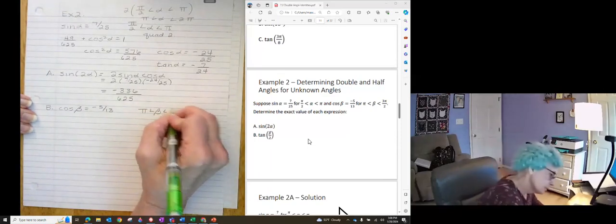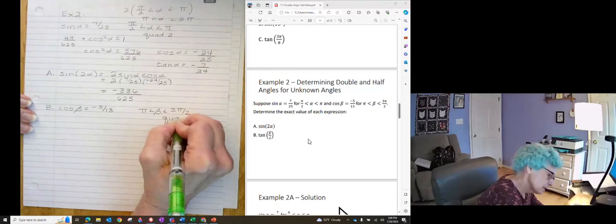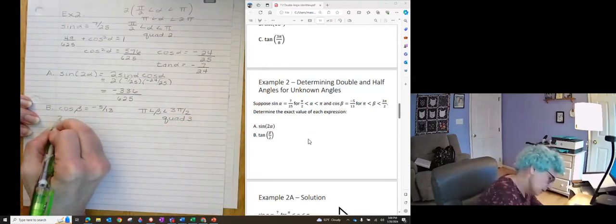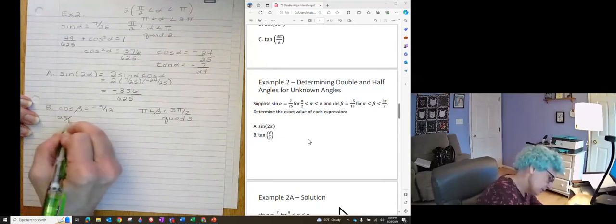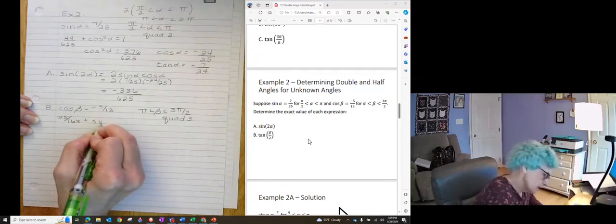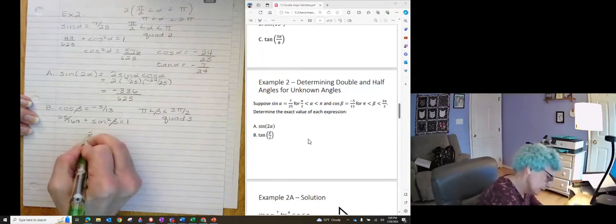It's less than 3 pi halves, which means quadrant 3. So 25 over 169 plus sine squared of beta is equal to 1.